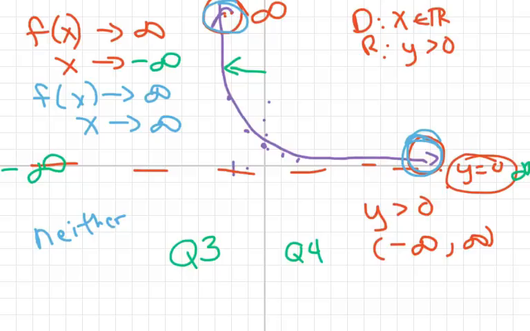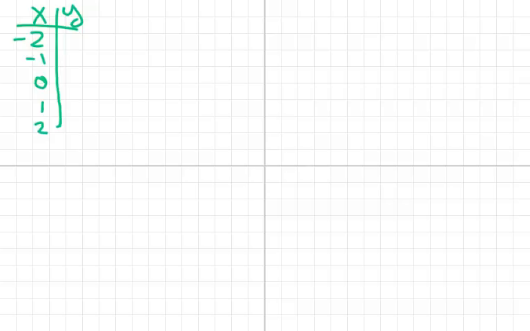Okay, the inverse, all we're going to do is switch the x and the y. So our table for the original function was -2, -1, 0, 1, 2, which was 4, 2, 1, 1/2, 1/4. All right? -2 went to 4.